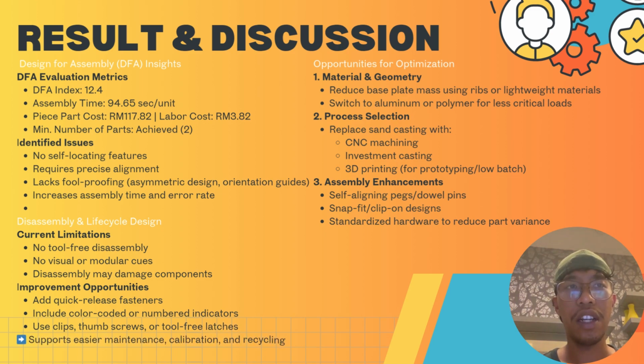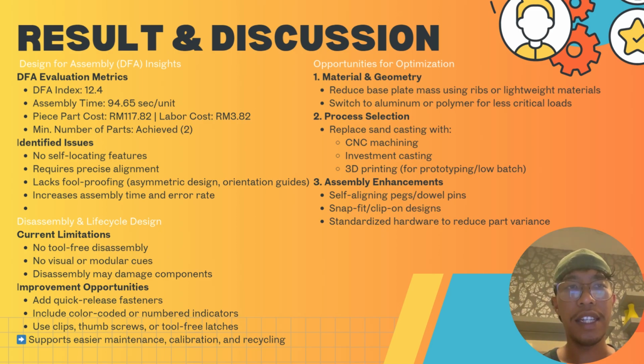Identified issues that we found are no self-locating feature, requires precise alignment, lack of foolproofing, and also increased assembly time and error rate. Assembly and lifecycle design. Current limitation: no tool-free assembly, no visual or modular cues, and also the assembly may damage the components.